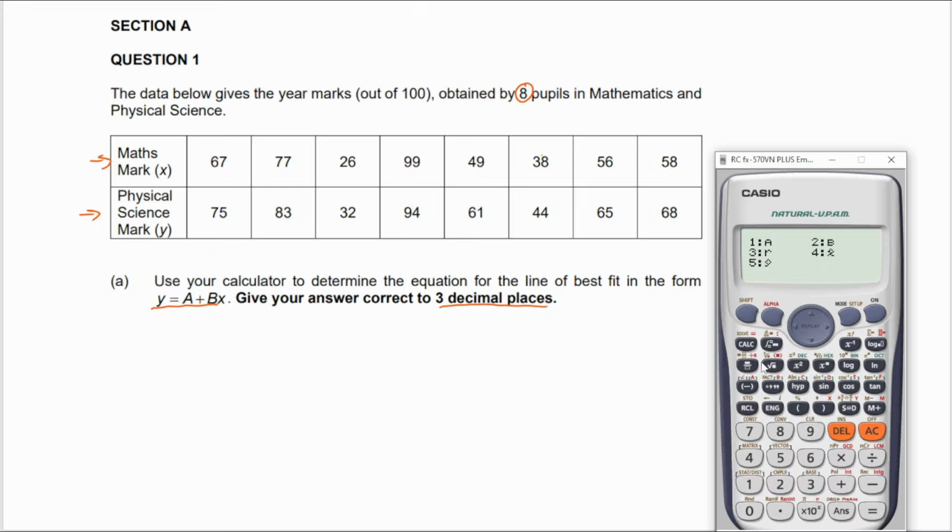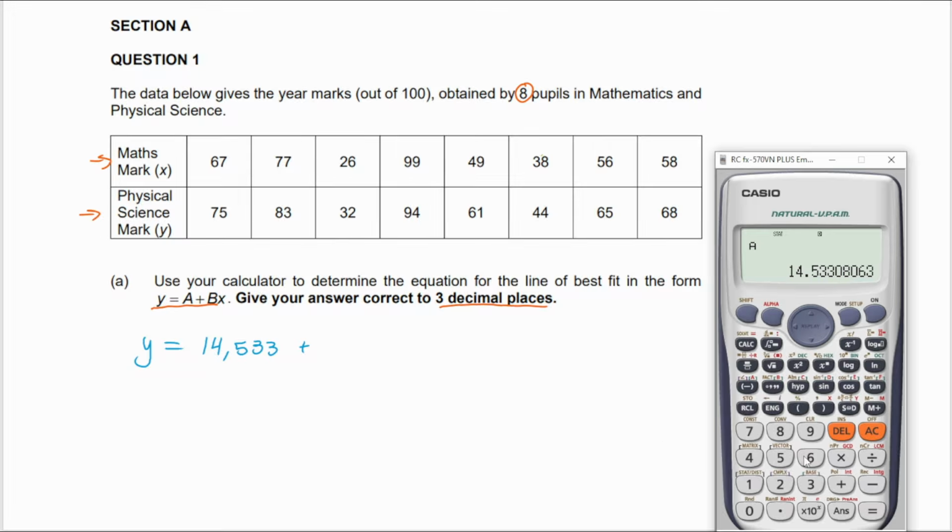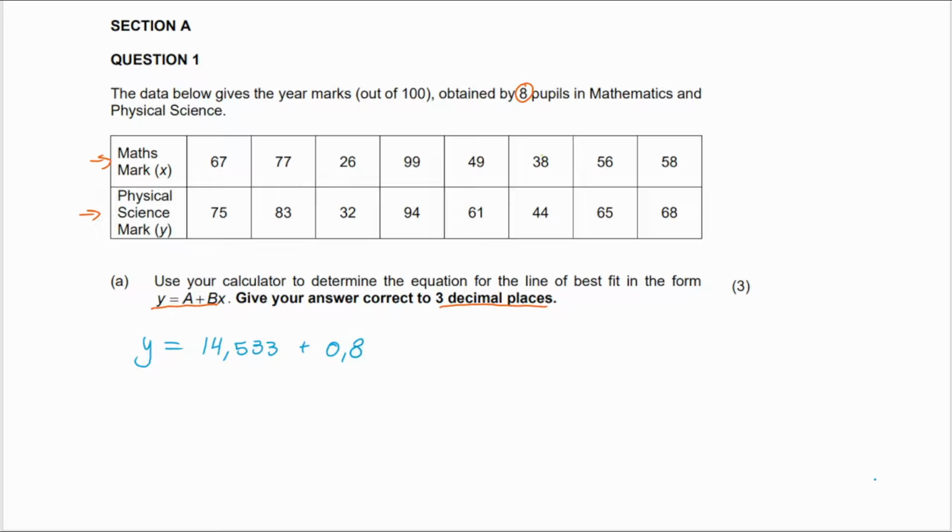Press 1 to get A, and to 3 decimal places that'll be 14.533. So Y is equal to 14.533 plus, and now what is B? Again Shift 1, 5 for regression, 2 for B, and that is 0.863x.